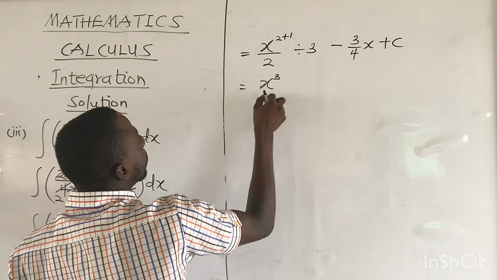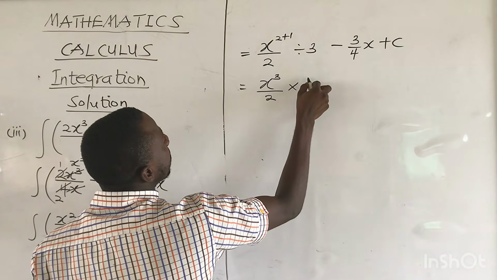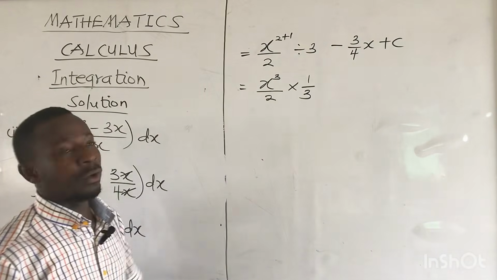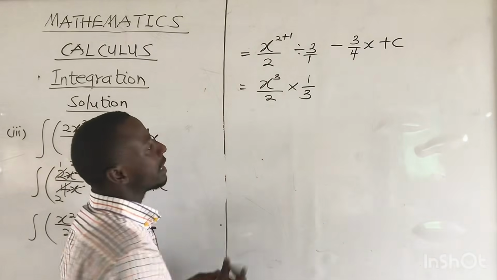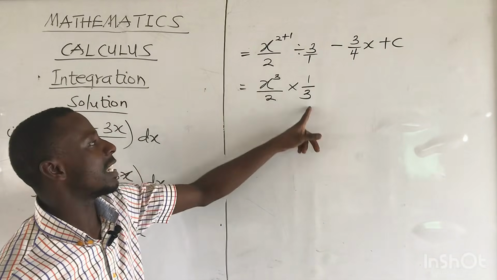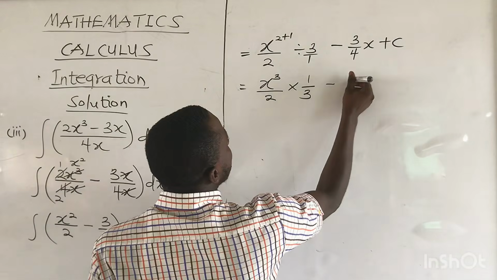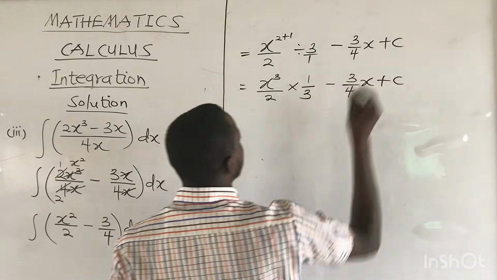So from here, we are going to get x cubed over 2 times 1 over 3, because this is over 1. So when this one changes to multiplication, then we need to reciprocate the other fraction. Minus 3 over 4x plus c.